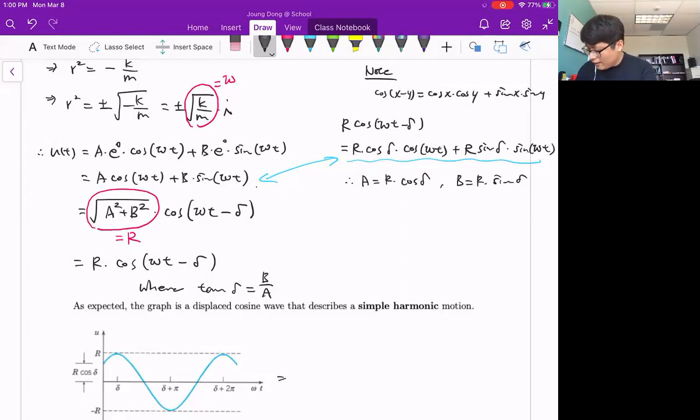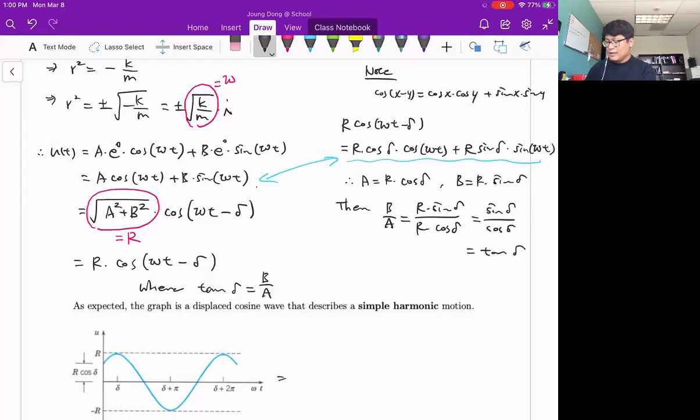Then what is b over a? That is r sine delta over r cosine delta, which is sine delta over cosine delta, which is equal to tangent delta. So your tangent delta equal to b over a came from this.